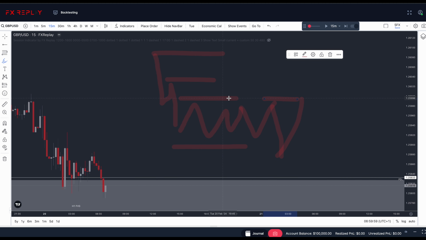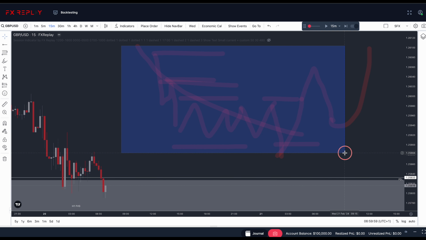You want to see those highs getting taken out, and those short-term highs getting taken out as well. Then we want to see retracement into the 15-minute order block, 15-minute fair value gap, etc., whatever you want to have as a confluence. I'm going to tell you what I'm using in this video, and then this is your trade. This is exactly what happened on the GBPUSD, and this is exactly what I'm using.